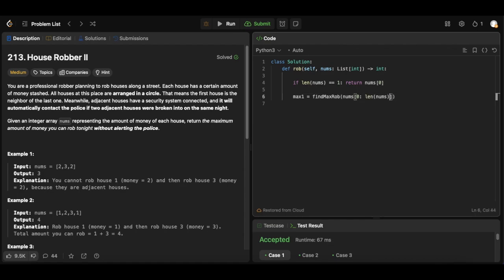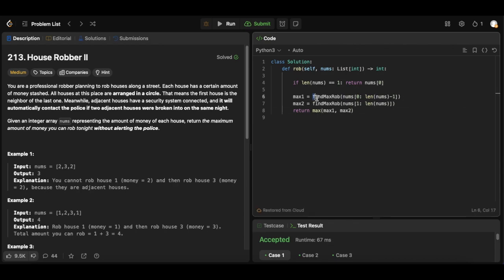So I'm going to put here as the endpoint length of nums minus 1, because we know that this second parameter is non-inclusive. And then our second value, max2, is going to be taken by running the same algorithm, but this time going from the first index up until the end of the array, so length of nums. And what we want to do at the end is return the max value between these 2 cases.